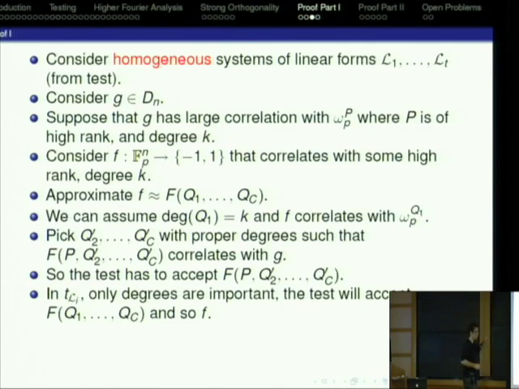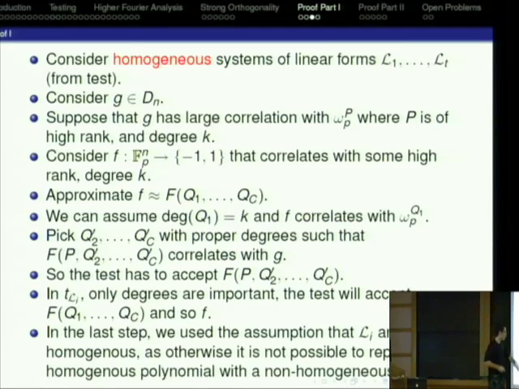So this tells us that our test accepts f if it correlates with a high rank degree k polynomial, if there is some G which correlates with a high rank degree k polynomial. And in the last step we use the fact that these are homogeneous systems of linear forms, so that we can substitute any set of polynomials with any other one.